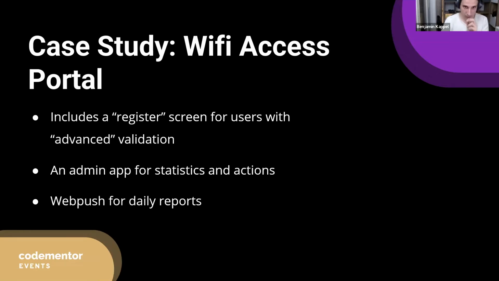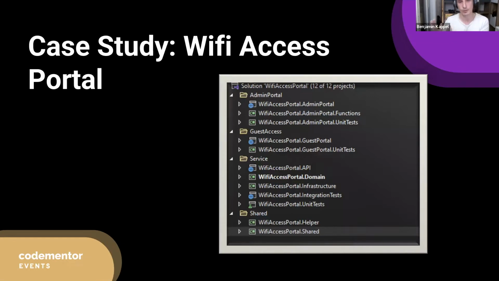Without going into much detail, let's have a look at the solution file. This is a quite remarkable thing about Blazor. It's simplified, and I left out some projects, but we see we have one language. All of these projects are C#.